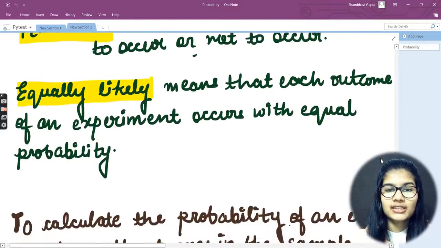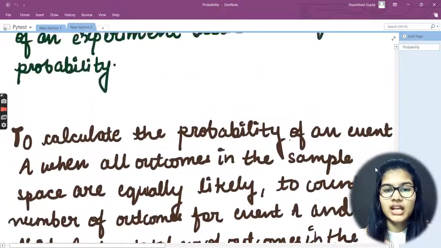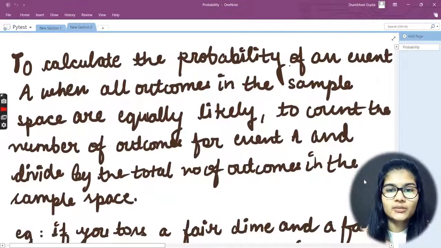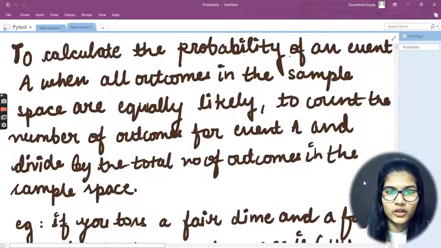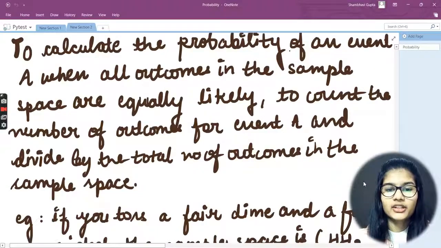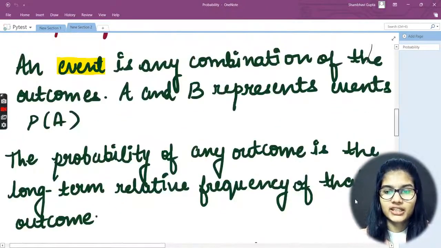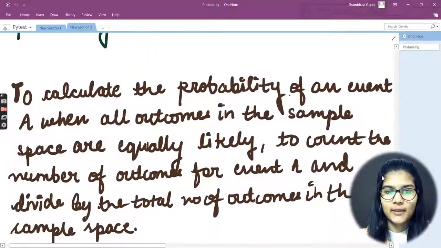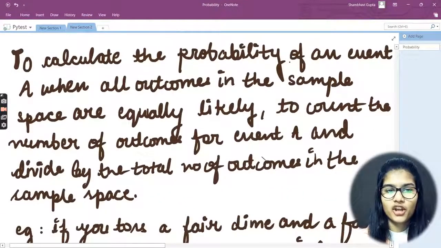Equally likely means that each outcome of an experiment occurs with equal probability. To calculate the probability of an event A when all outcomes in the sample space are equally likely, count the number of outcomes for event A and divide by the total number of outcomes in the sample space. For that, we took an example of how to compute the probability of an event when the outcomes in the sample space are equally likely.